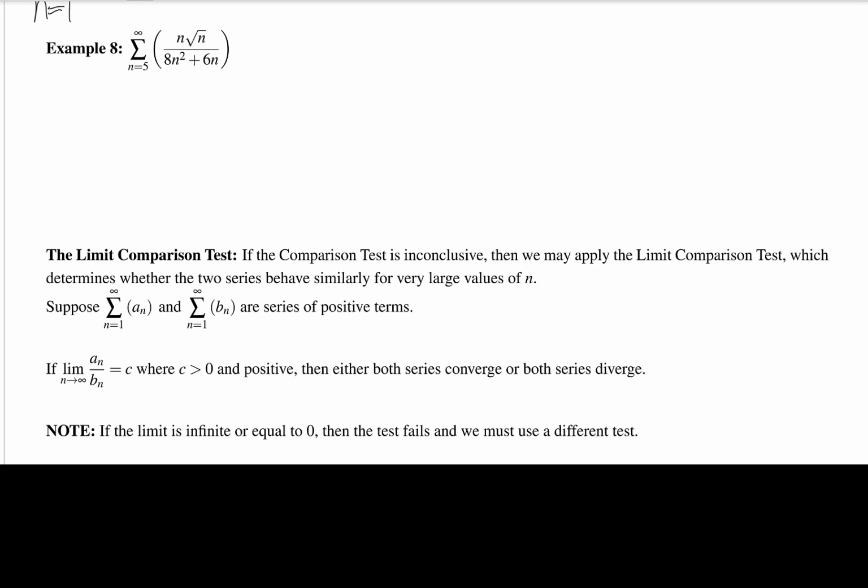So I rewrite this as the sum from n equals 5 to infinity of n to the 3 halves over 8n squared plus 6n. And so I'm going to look at the more complicated part, which is the bottom. So we have 8n squared plus 6n. Well, this is greater than 8n squared.